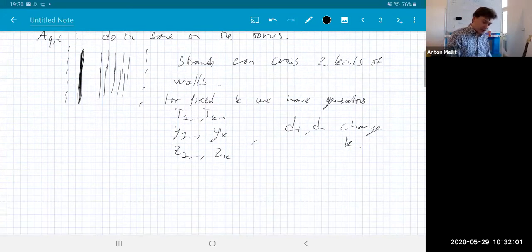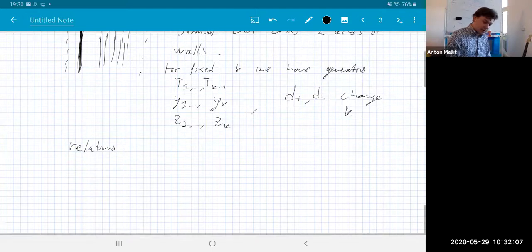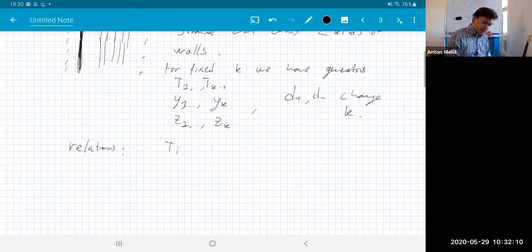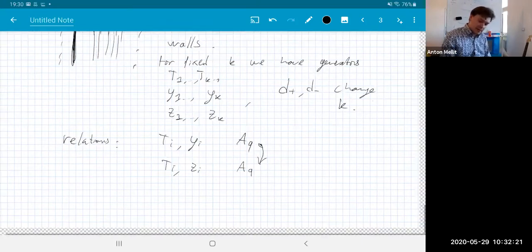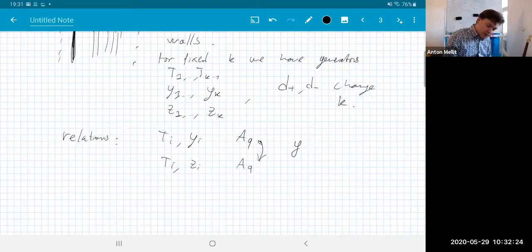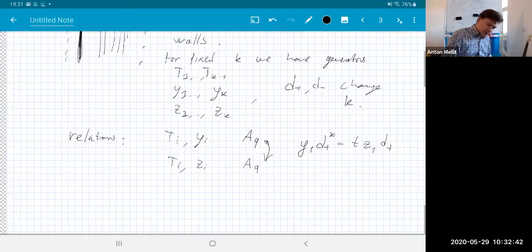There are certain relations: the Ti's and Yi's give you this AQ algebra, the Ti's and Zi's form another AQ algebra, and the connection between them is given by a simple relation like Y1 D plus star is T times Z1. Oh, sorry, I didn't say what D plus star is.